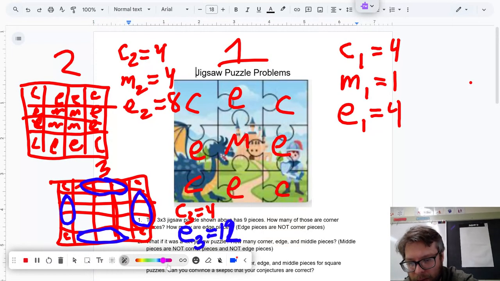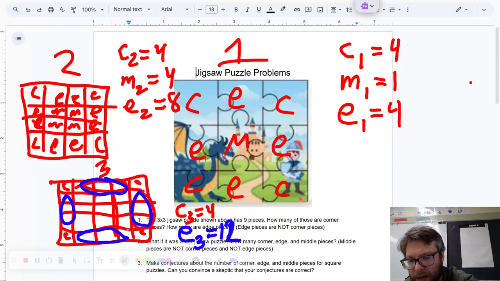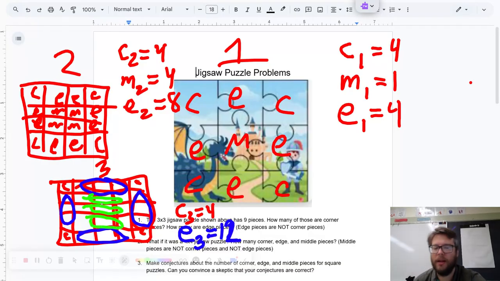And then if I look at the middle pieces, again, I'm not going to count them one by one, but I can see that there's one group of 3, another group of 3, and another group of 3 like that. And so the number of middle pieces on puzzle number 3 turns out to be 9.